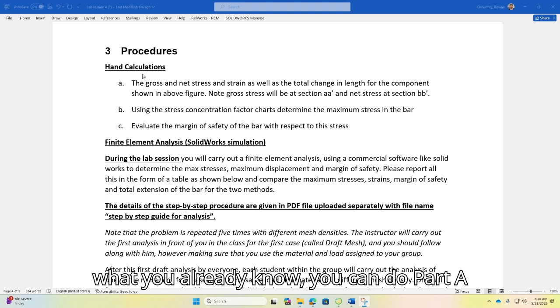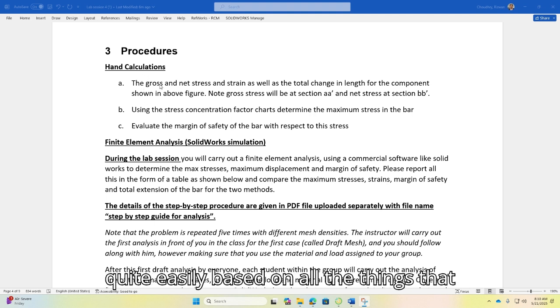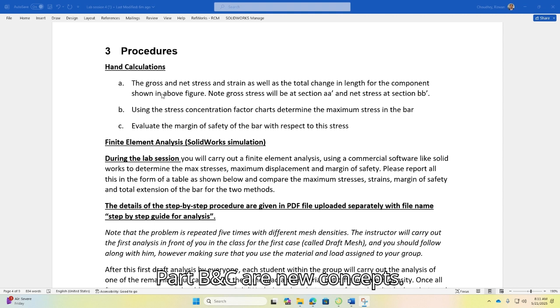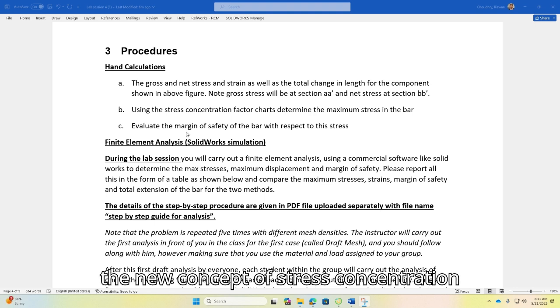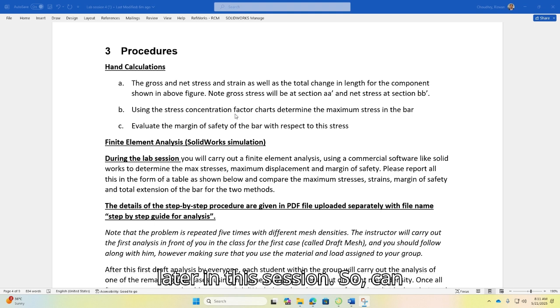So right now, what you already know, you can do part A quite easily based on all the things that you have learned so far in the course. Okay, parts B and C are new concepts. No, part C is not really a new concept, but we will be looking at it in the context of the stress concentration factor chart, which I will be introducing later in this session.